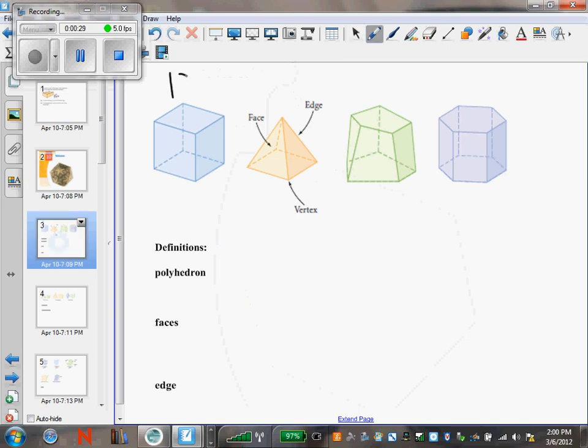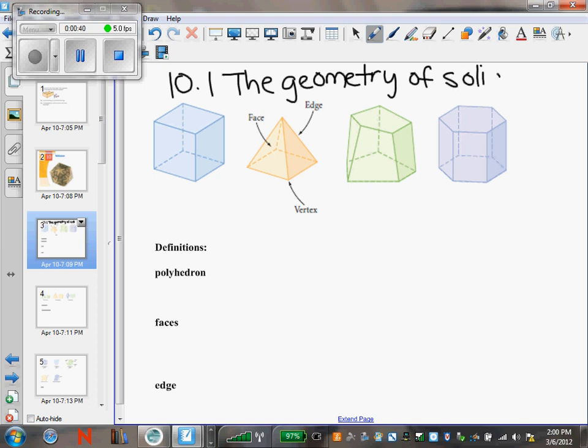Okay, so section 10.1, the geometry of solids. In the last section in chapter 8, section 8.7, we made some of these solids, prisms and pyramids, and talked about them.